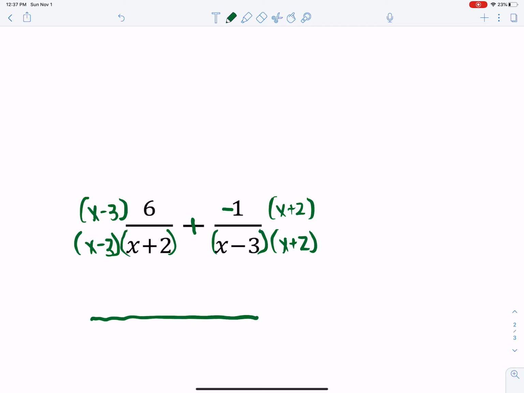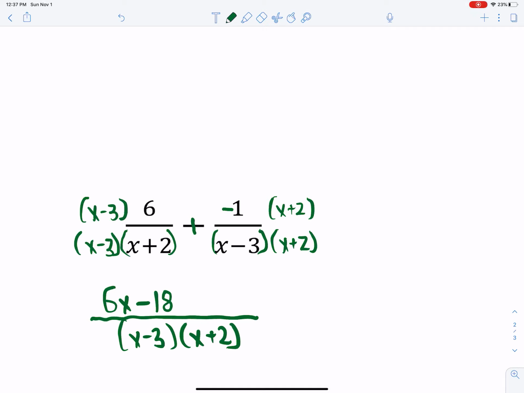And when I put those together, the bottom of my answer is going to be x minus 3 times x plus 2. Now from the first one, x minus 3 times 6: x times 6 is 6x, minus 3 times 6 is minus 18.